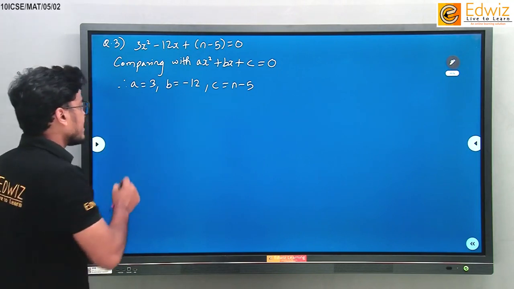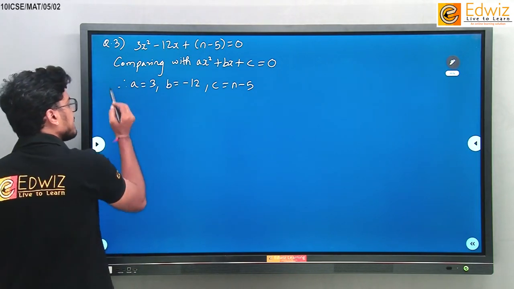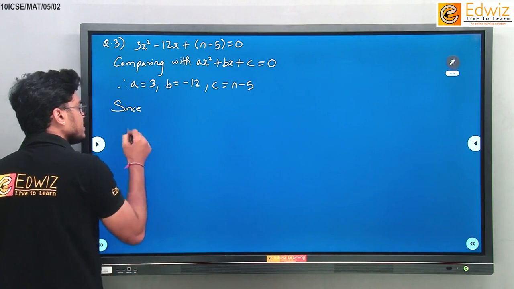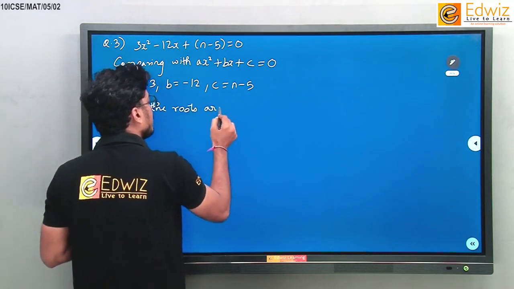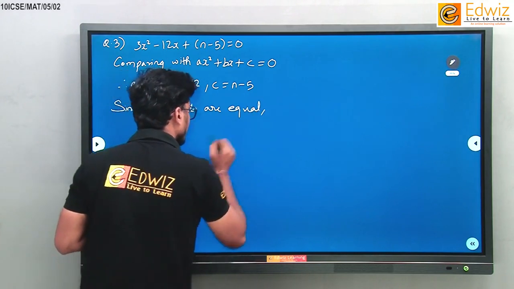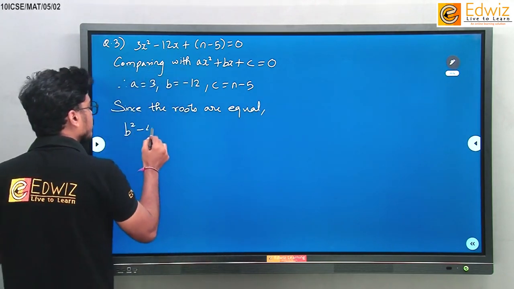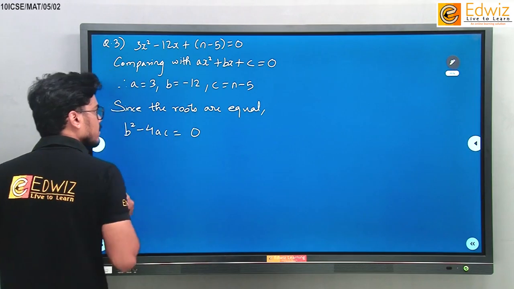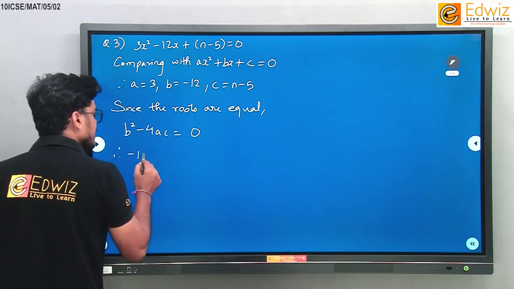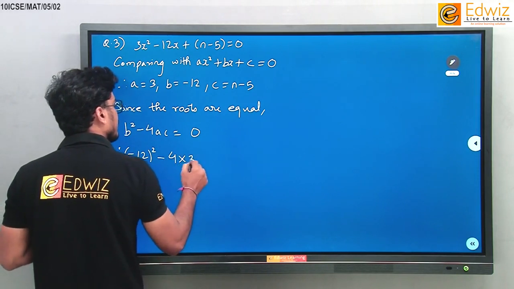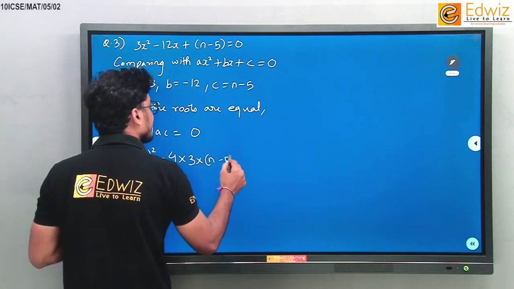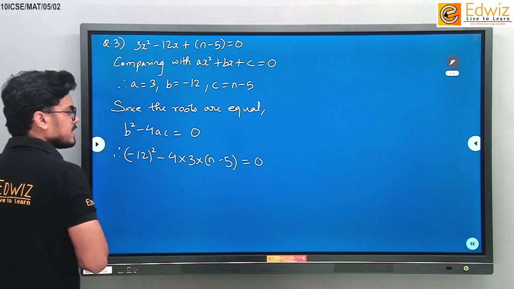So n, if I have to find out, for that we know that since the roots are real and equal, b square minus 4ac is equal to 0. So that means minus 12 whole square minus 4 into 3 into n minus 5 is going to be equal to 0.